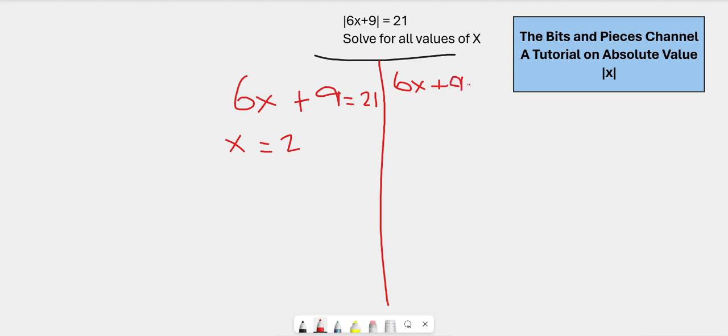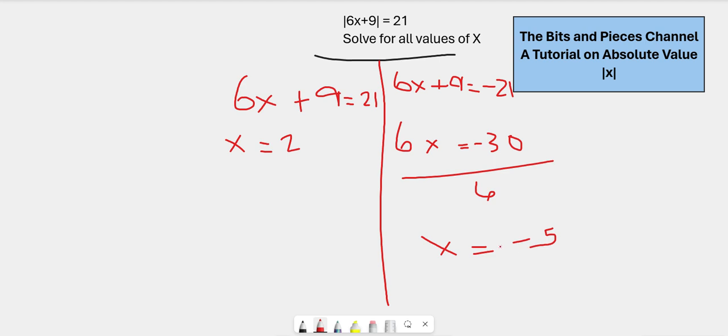And that's how we can find out what the new answer is. So once we plug that in, we get 6x equal to negative 30. And let's keep on going. Divide by 6, x is equal to negative 5. So the final solution is that x is equal to either 2 or negative 5.